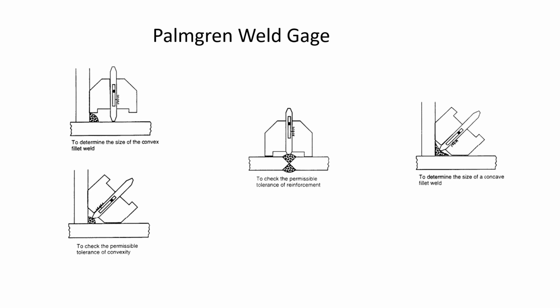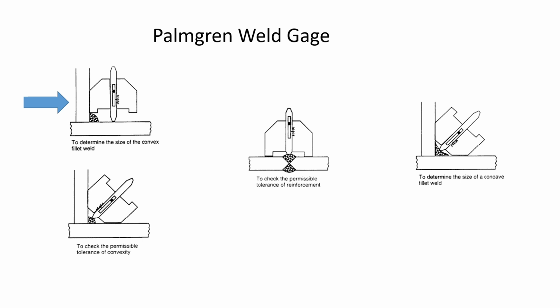So this is a Palmgren weld gauge. This one we can use in a lot of different ways. This is a proprietary type weld gauge or design. So we can use this to figure out the size of convex fillet welds, concave fillet welds, the total tolerance for reinforcement, how much reinforcement we've got on a groove weld. So this is one of the gauges that we can use.